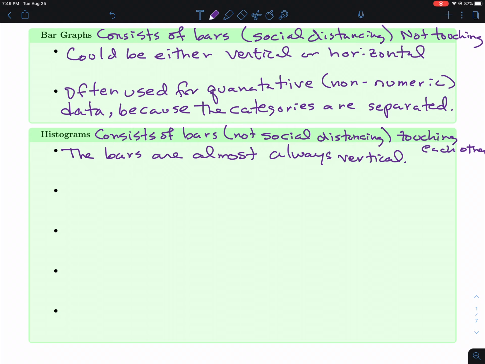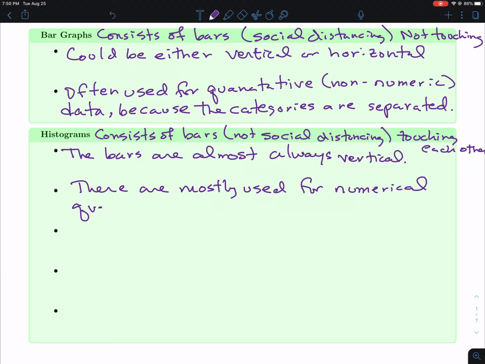They're often used for numerical data. And since numbers flow one into the other, it makes sense that you would have these bars actually touching each other.